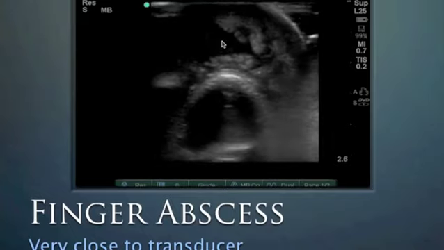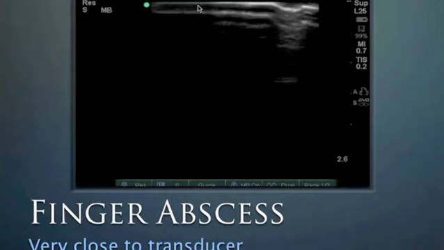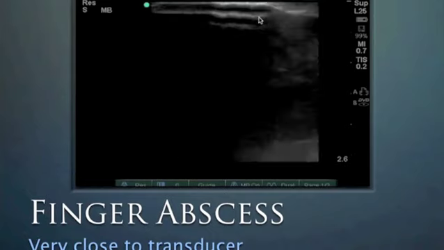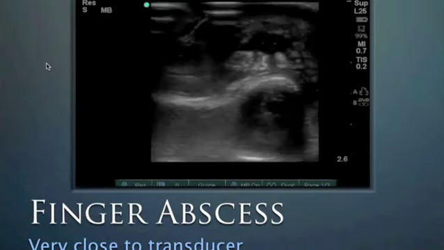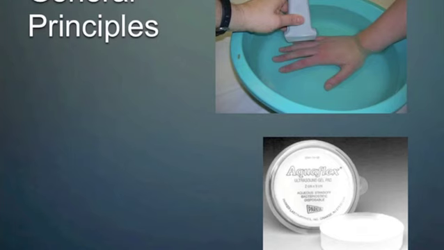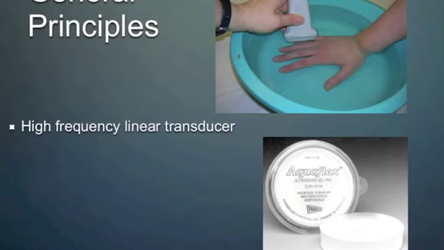Now, sometimes the structure is so close to the surface of the skin that it's hard to see, and actually we need to stand off a ways from a body part. And so what we see here is, using that high frequency linear transducer, we have a couple of options on a very superficial structure.